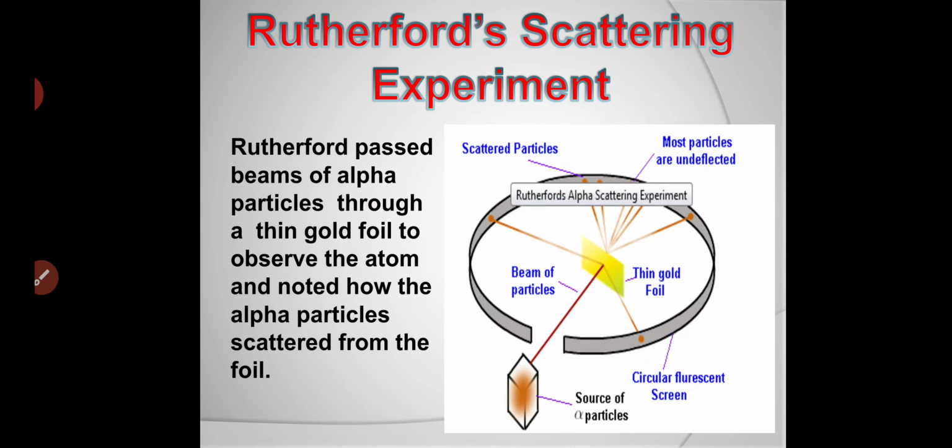So next is the Rutherford scattering experiment. Rutherford is another scientist who also did an experiment on the atom. What he did: he took a fluorescent screen material and a thin gold sheet, and he took an alpha ray source.